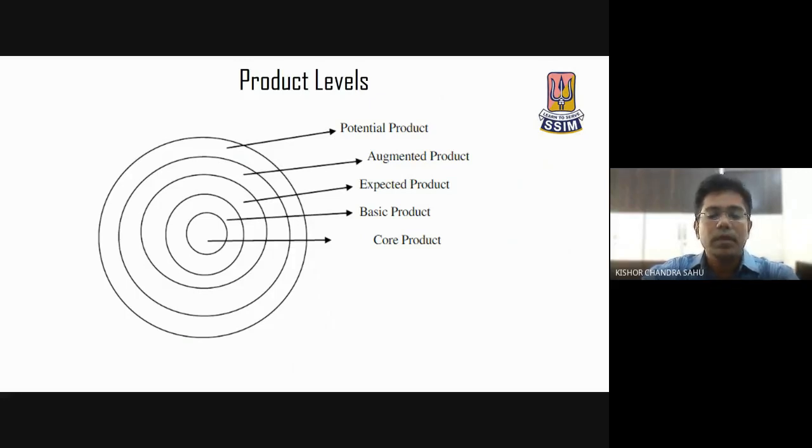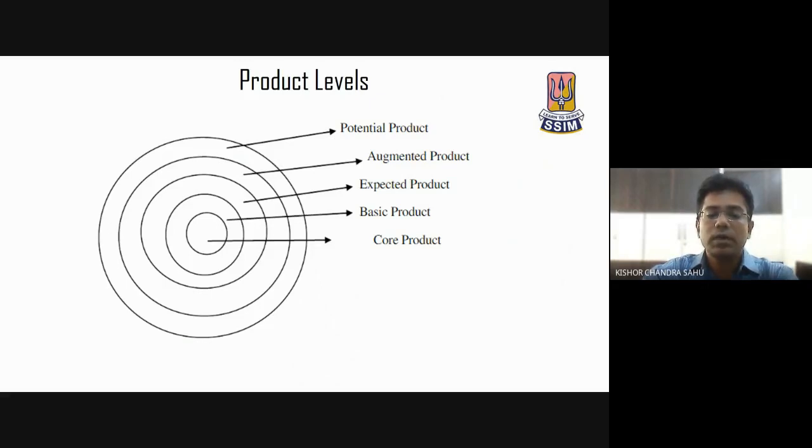For example, if a guest is booking a hotel room, fundamentally he or she is buying rest and sleep. Or if a carpenter is purchasing a drill machine, then fundamentally he's buying holes, right? So the marketer turns the core product into the basic product.